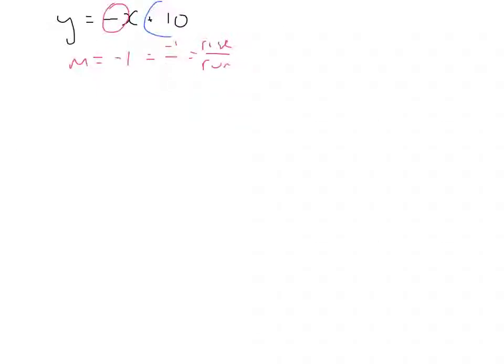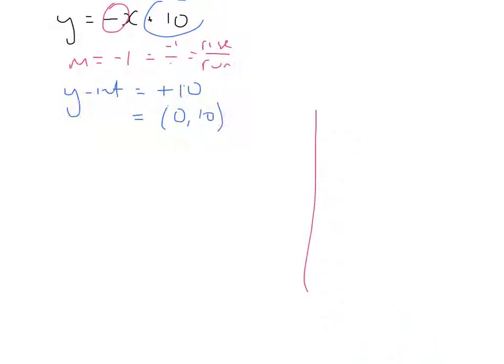And our y-intercept is plus 10, which in coordinate form will be 0 and 10. So our graph is going to go down 1 and across 1.